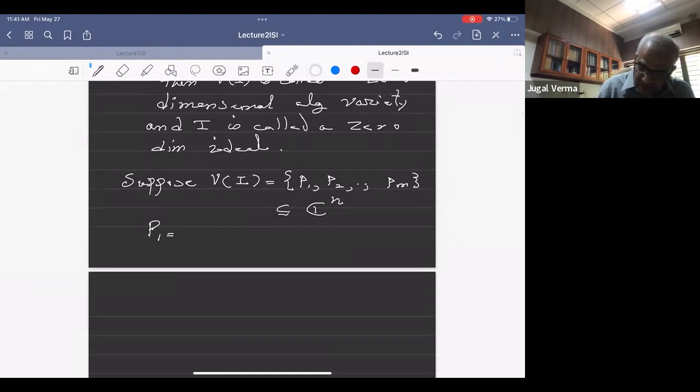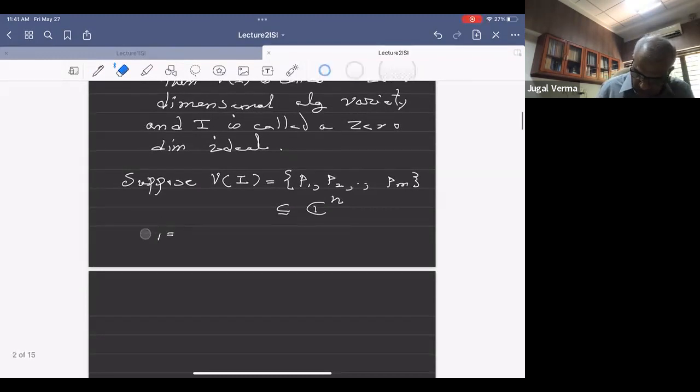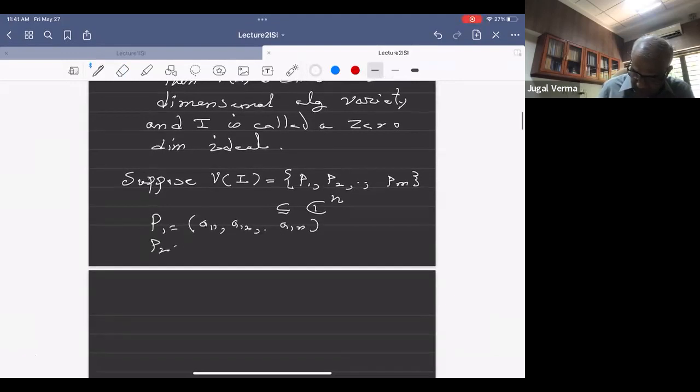So suppose P1 has coordinates a11, a12, ..., a1n, and P2 has coordinates a21, a22, ..., a2n, and so on. Okay. Now look at the first coordinates.